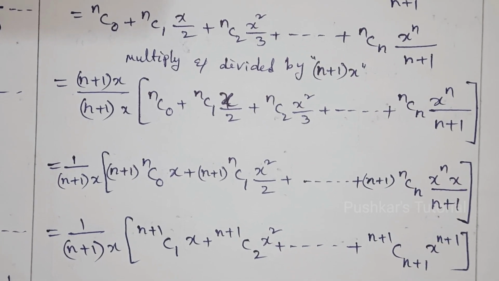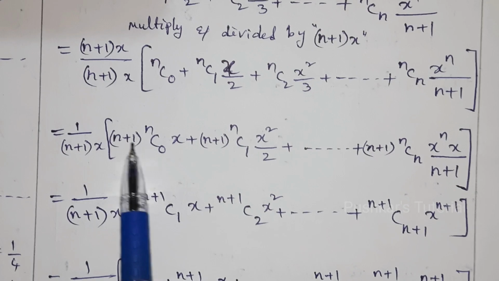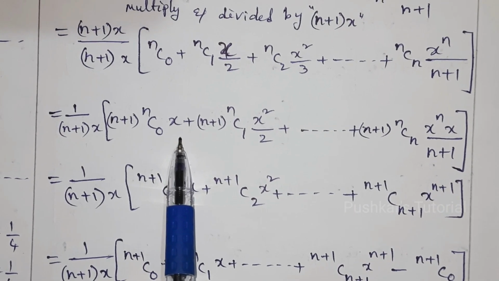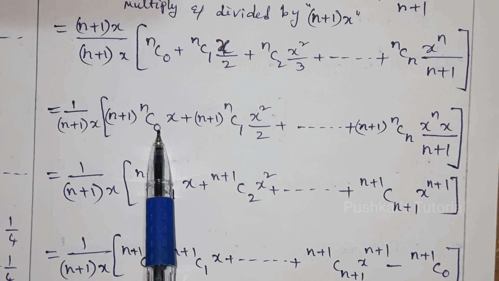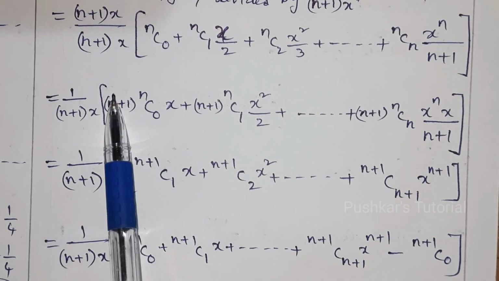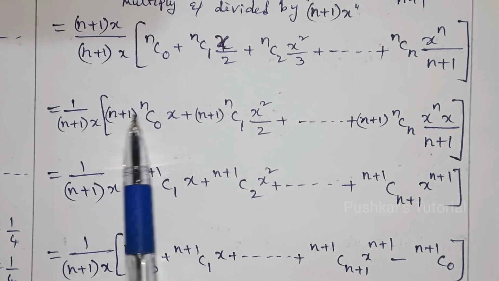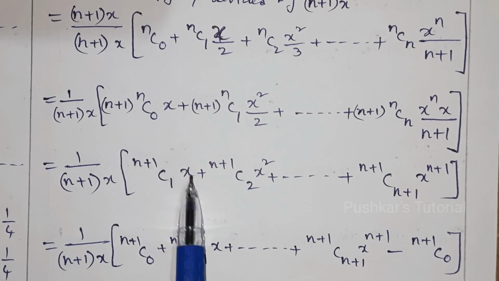Now we have a formula: (n+1)/(r+1) nCr = n+1 C(r+1). Here x by 1, this 1 will be attached to the 0 place, n+1 will come to the n's place, that is the formula. So here it will be n+1C1 into x.